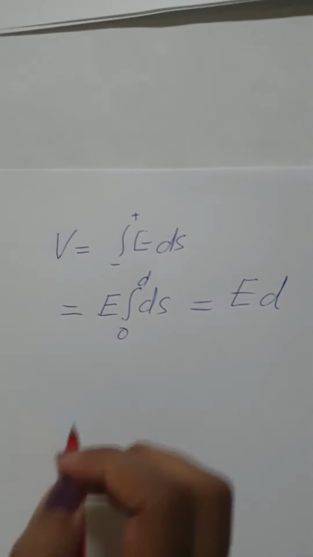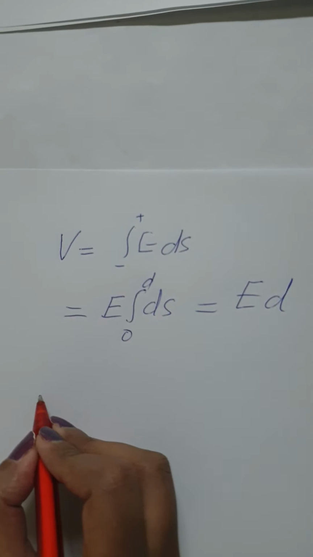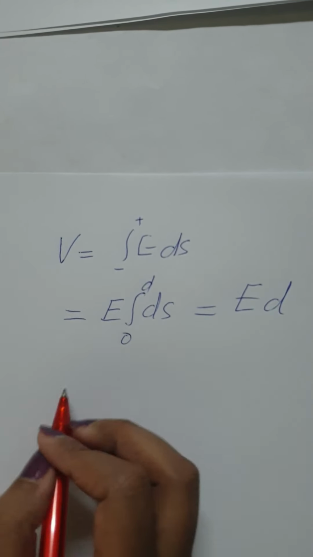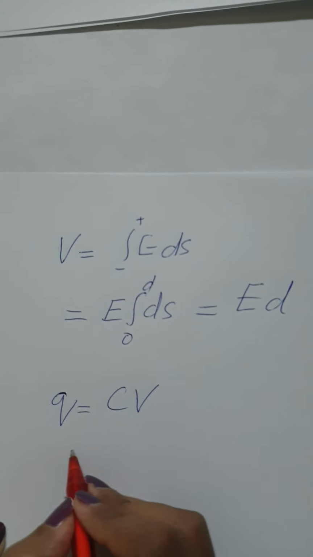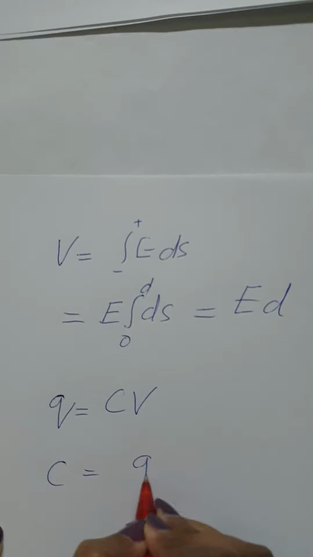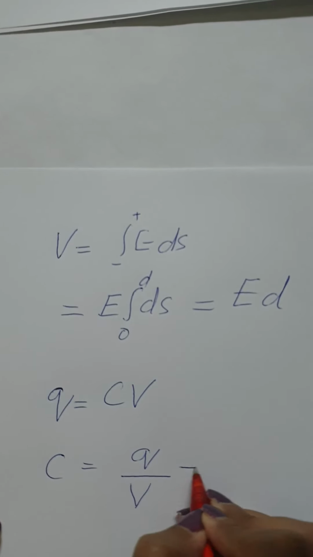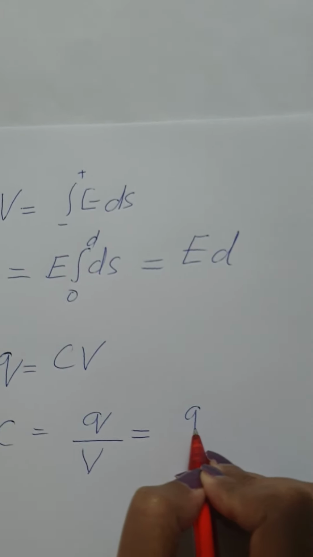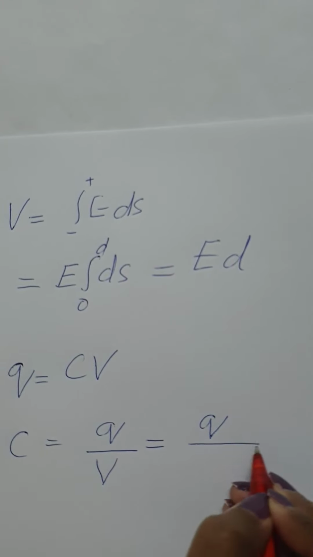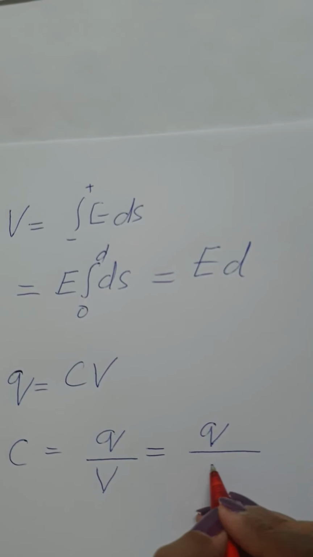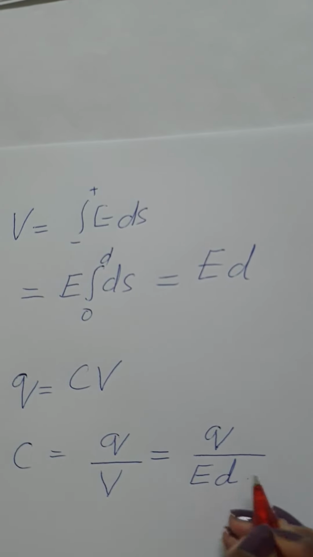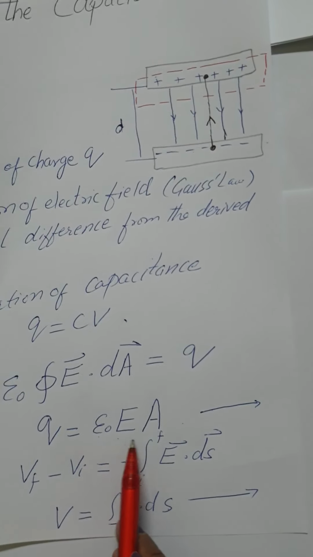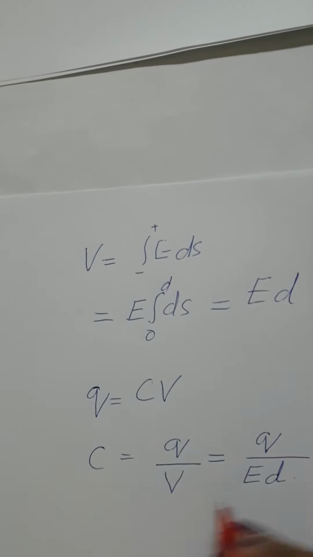Now we can find out capacitance by using Q is equal to CV and the value of the potential. Capacitance is equal to Q over V, which is equal to Q divided by E into d. And here we know from this equation that Q is equal to epsilon naught E A, so just use that value as well.